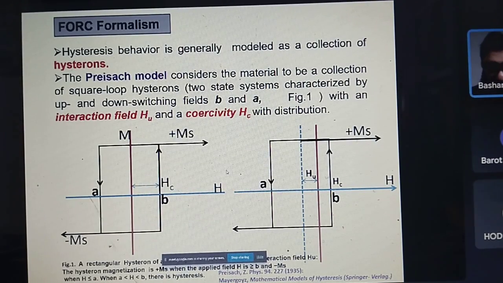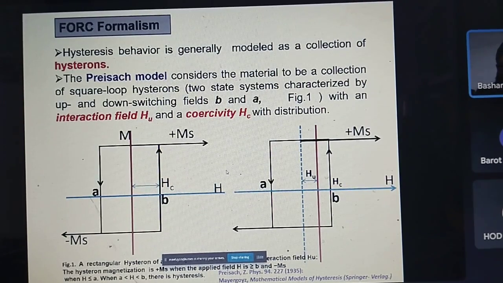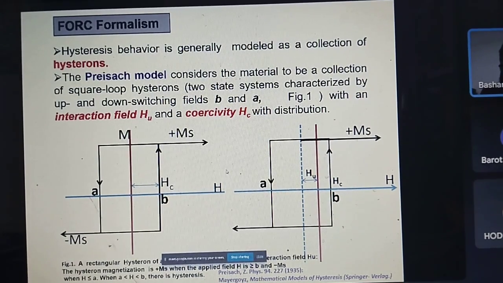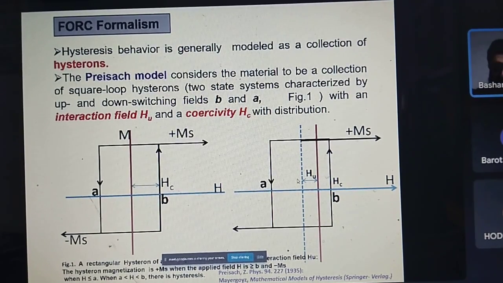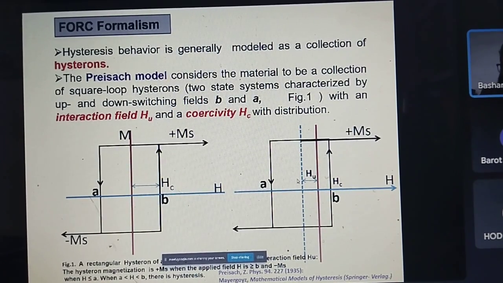But if there are other particles present in the system, these particles can interact with these hysterons. So there can be interaction among the hysterons, and that will shift our hysteron and generate what is known as a local interaction field, H_u. So the hysteron will shift, and either it can shift to the right of the symmetry curve, or it can shift to the left of the symmetry curve.